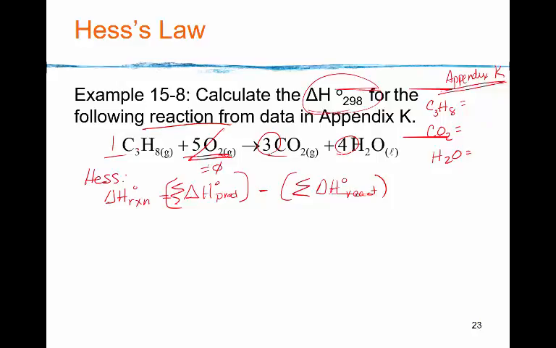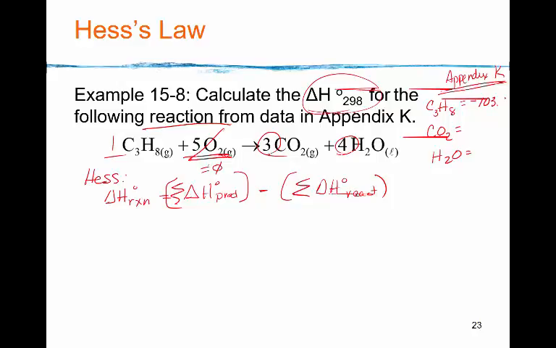So we look up in Appendix K. Now put me on pause and look these numbers up, because if you don't practice looking the numbers up, then when it gets time for you to do it, you're going to be in trouble. Put me on pause and go do it. You should be coming back.